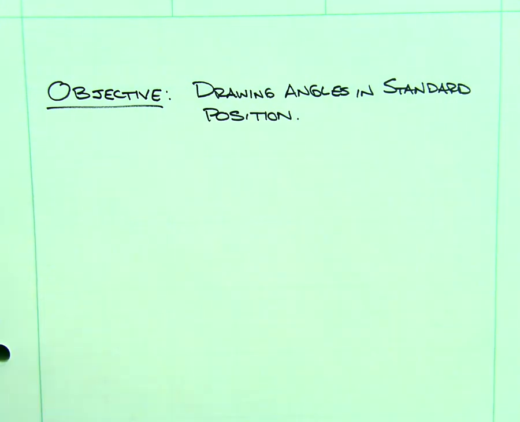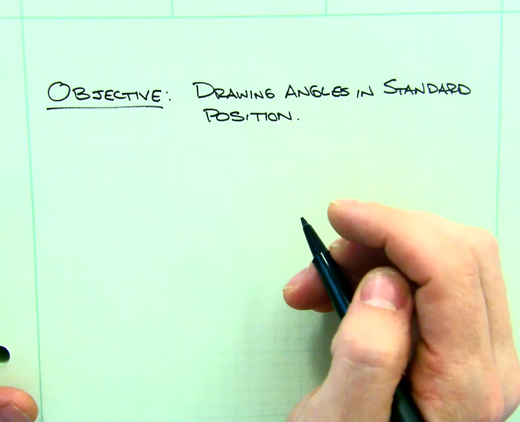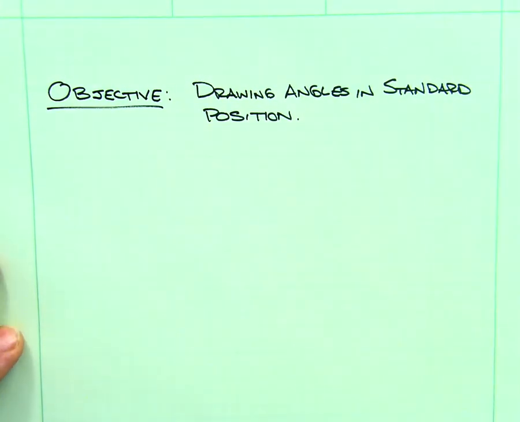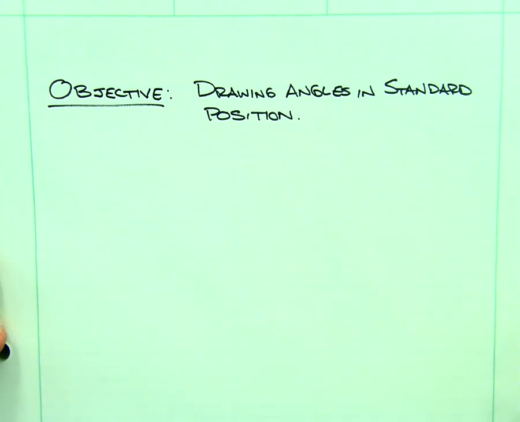So before we get into talking about standard position, there's a few key things when talking about sketching angles. The reason we use standard position is because whether you're drawing angles, I'm drawing angles, somebody in China is drawing angles, somebody in outer space is drawing angles, we need some sort of standard way of doing it so that people can understand from one angle to the other exactly what you're talking about.